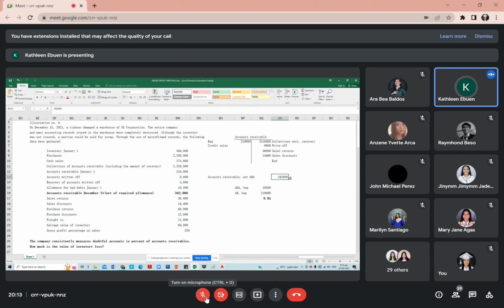Paano ngayon natin makukuha yung gross amount? 5% yung ginamit na percentage of accounts receivable. So, 5% si ADA. Magkano ngayon yung gross amount ni accounts receivable? Paano nyo makukuha yan, class?